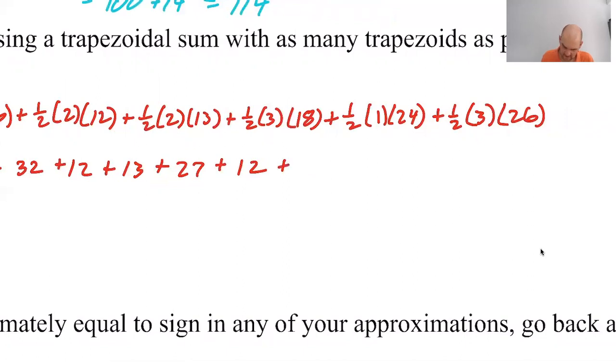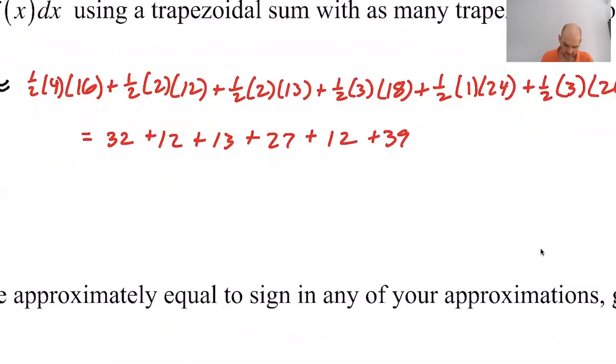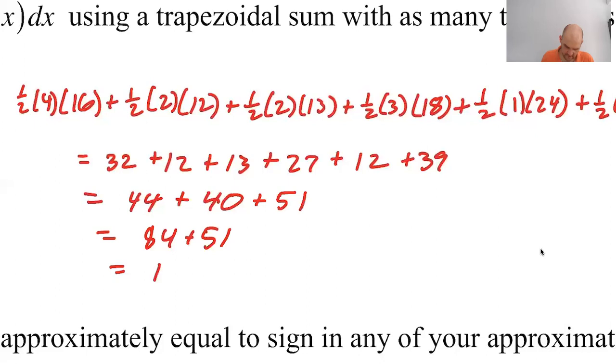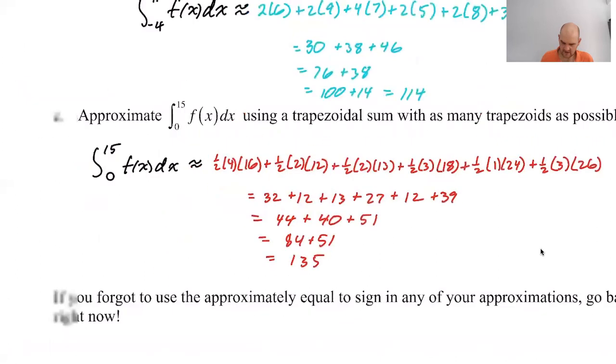Plus 39. All right, I think that's okay so far potentially. So this is 44 plus 40 plus 51. 84 plus 51, 135. I get 135.